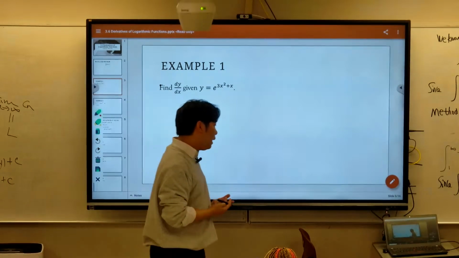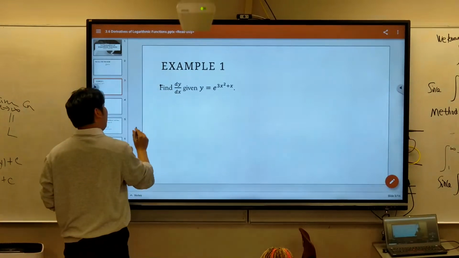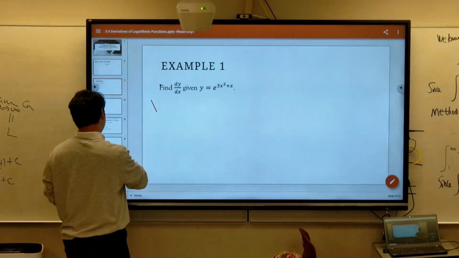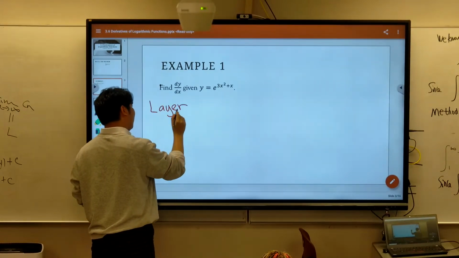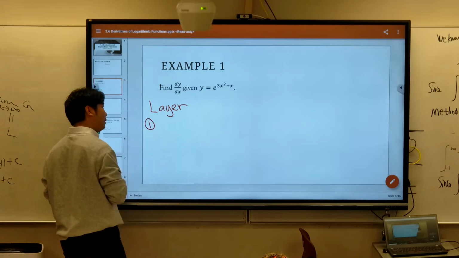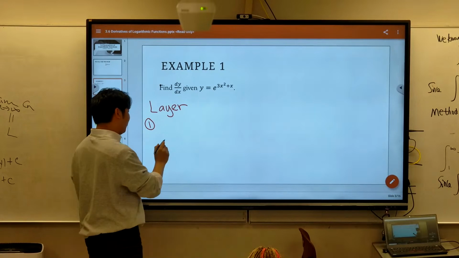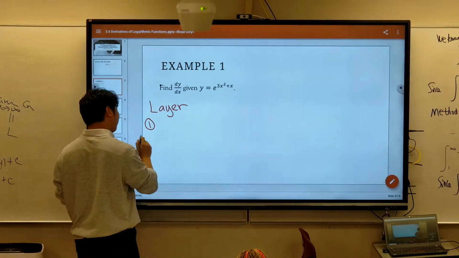So let's go ahead and list our layers of the function. If I want to talk about chain rule, usually we've gotten in the habit of listing out the layers of the function. What is layer number 1? Yeah, e to a power, right? E to a variable power, if I want to be exact.